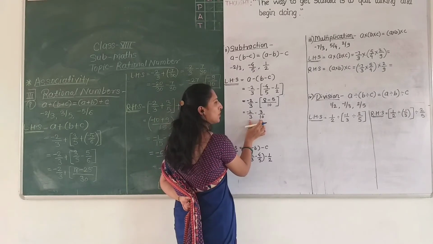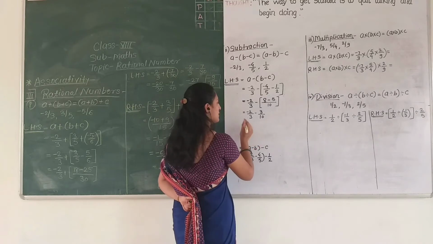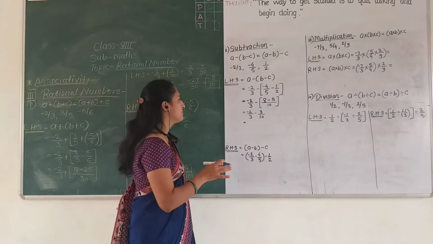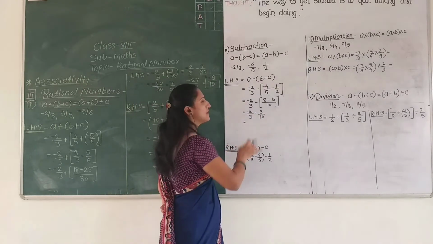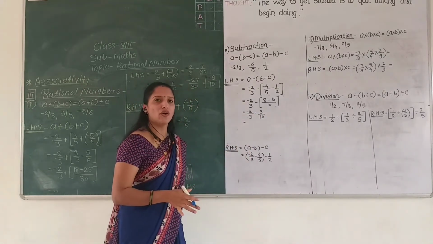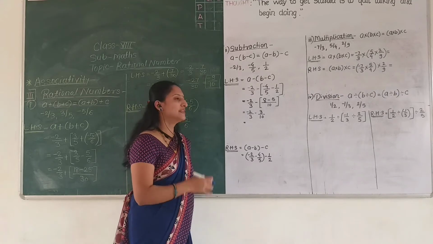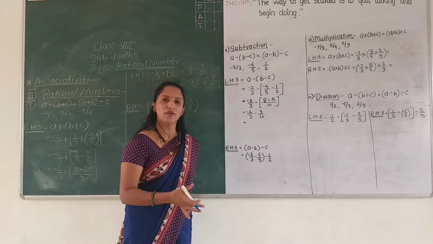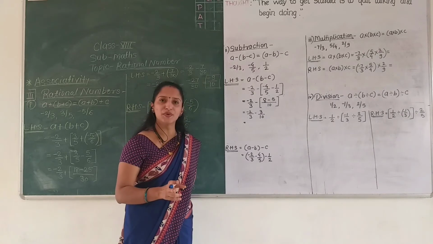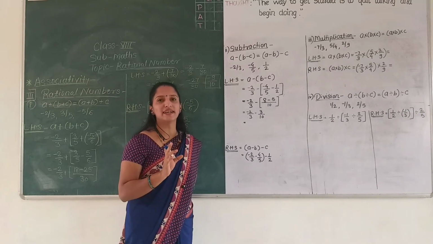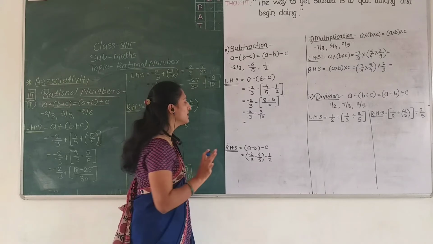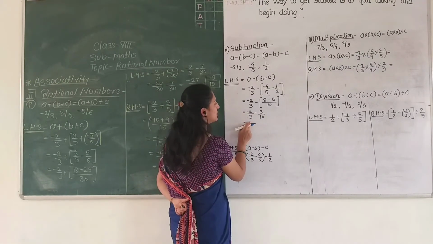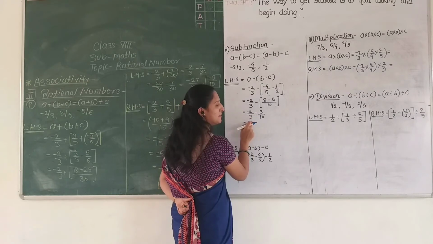Now we have to perform subtraction for these two rational numbers, and here also denominators are different. So my dear students, remember that whenever we add or subtract two fractions or two rational numbers, their denominators must be the same. If the denominators are not the same, then your first duty is to equalize the denominators first. So for equalization of denominators we take cross multiplication.